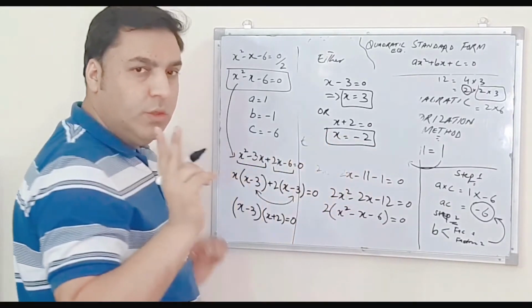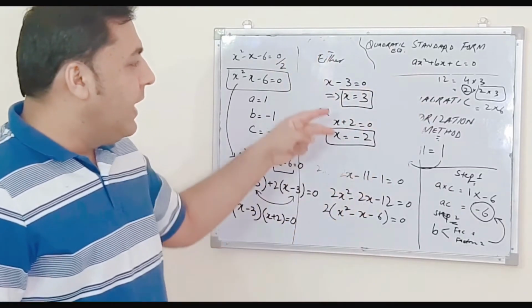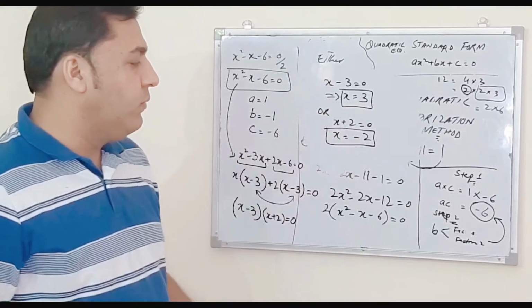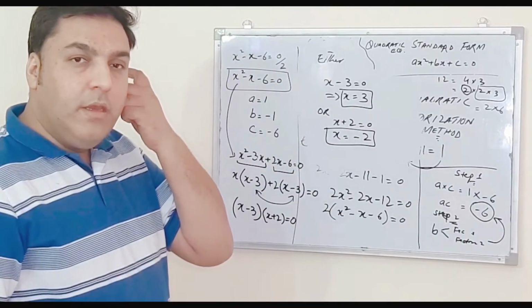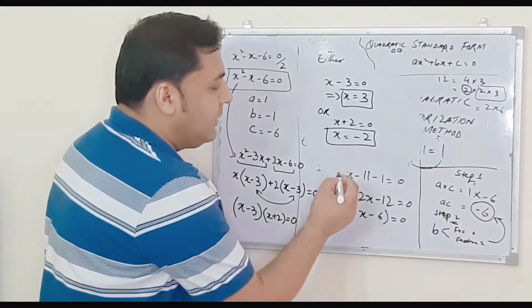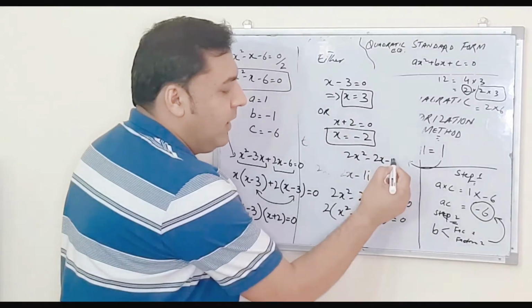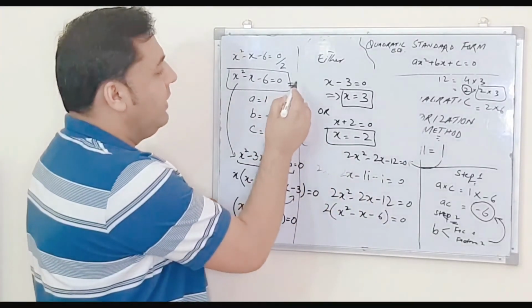So we are getting two solutions. You see, this quadratic equation is of degree 2, and we are getting two values of x, 3 and minus 2. For both these values, that specific equation will be valid. What was that equation? 2x square minus 2x minus 12 equal to 0, or when we simplified it, we get this equation.